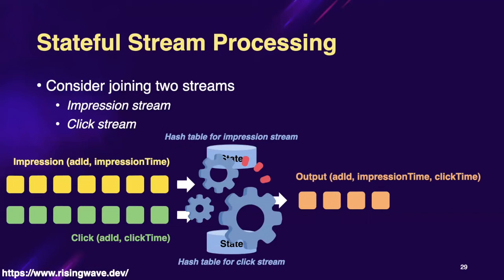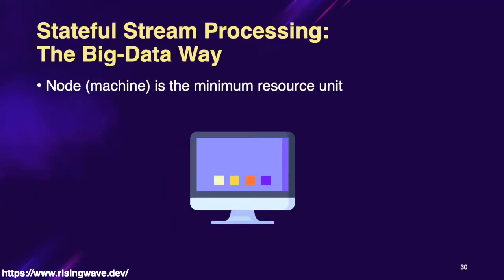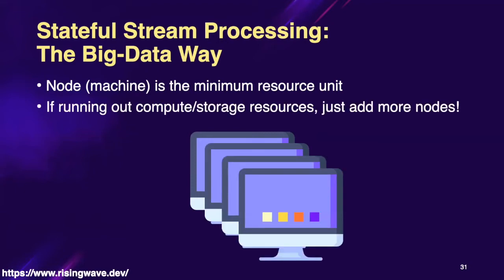So if, let's say, we have a lot of data coming into the system, we may want to scale our computation power, right? But the problem is that in the big data era, the node is the minimum resource unit, right? So if you want to scale the computation, you always scale the number of machines.